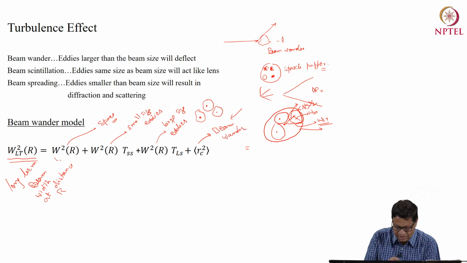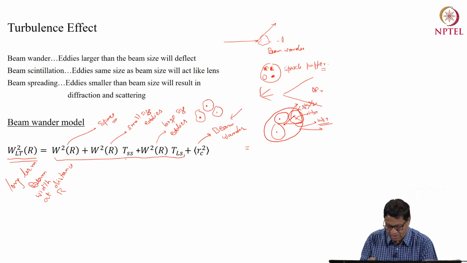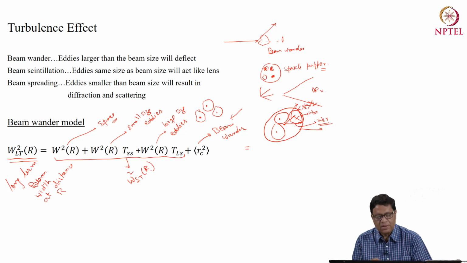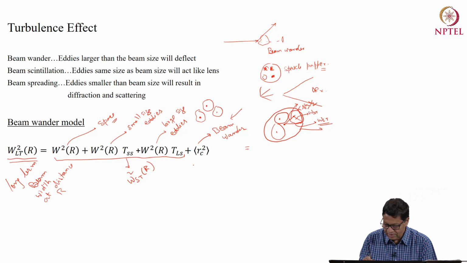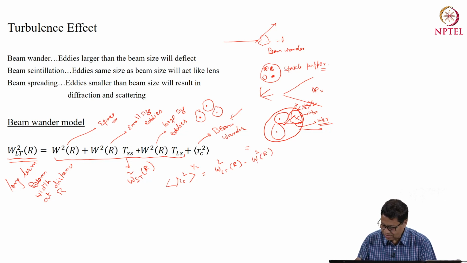You can say this whole part is short term. So it gives you r_c square, which is omega square LT of r minus the width W square of r, and this is short term.